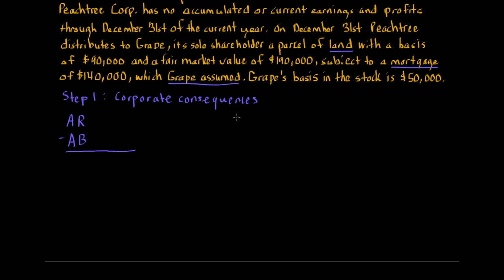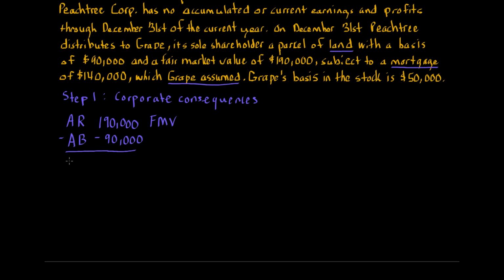Section 311 of the Internal Revenue Code basically states that the amount realized here is going to be the fair market value of that property. So the fair market value of the land at the date of distribution is $190,000. We use $190,000 as the amount realized minus the adjusted basis of the property at the date of distribution, which here is $90,000.